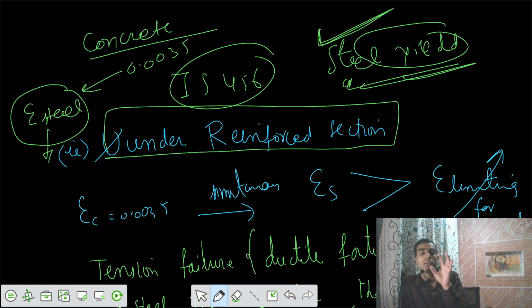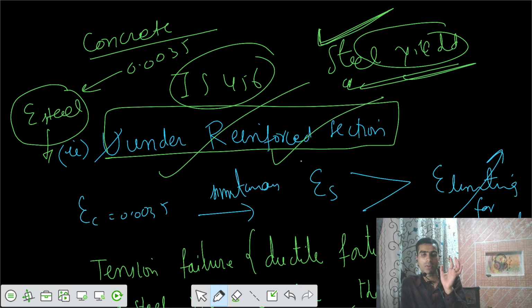We don't want concrete to crack earlier. We want steel to yield first, such that your steel gets utilized properly because it's your costlier material. Okay, that's our under reinforced section.